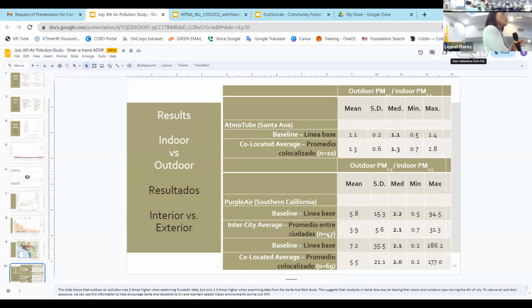For instance, if you do a barbecue at home indoors for your July 4th celebration, that will raise your indoor particle level dramatically. If you don't use a fan or window to let the indoor particles get out, they will accumulate.